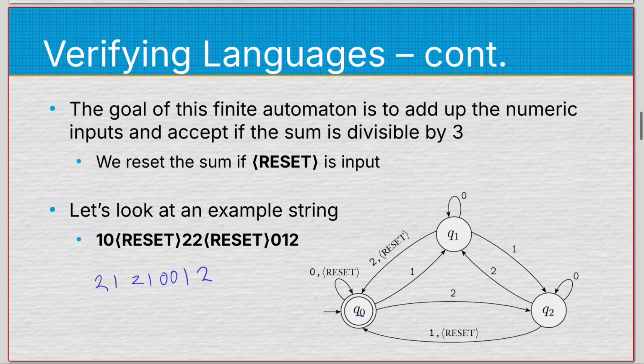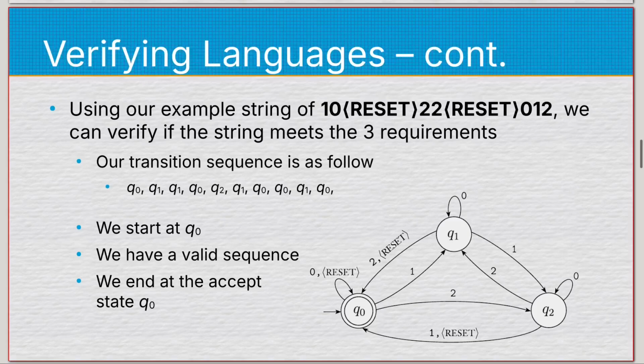Well, that would accept. What does it add up to? 2 plus 1 is 3, 5, 6, 6, 6, 7, 8, 9. Oh yeah, this would be 9, and that is definitely divisible by 3.